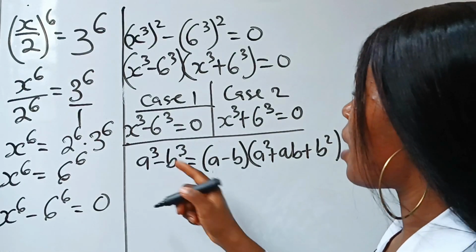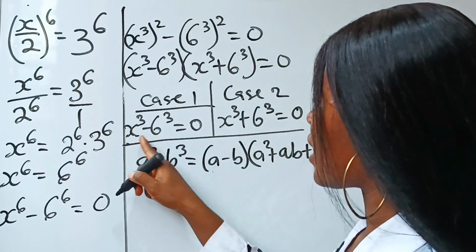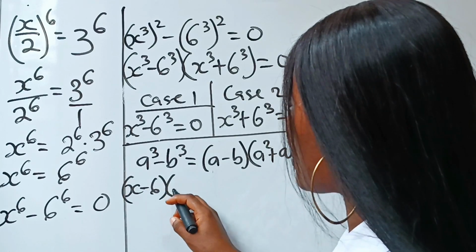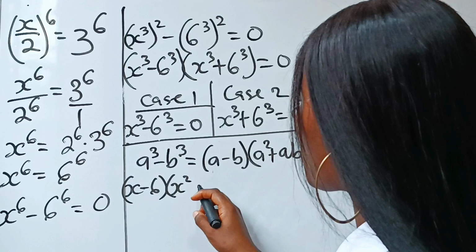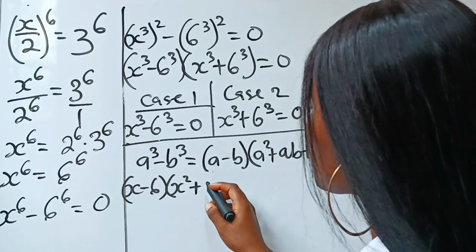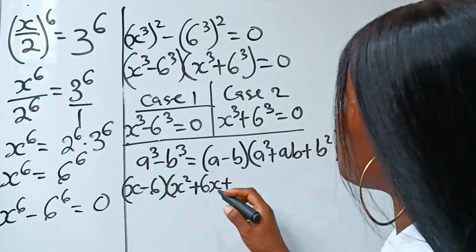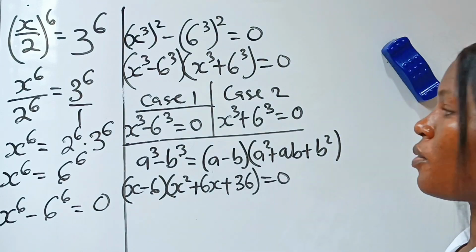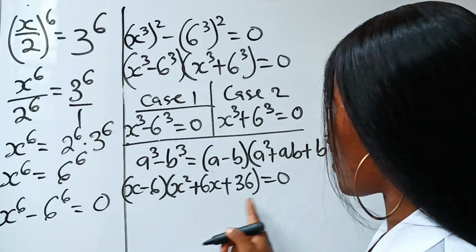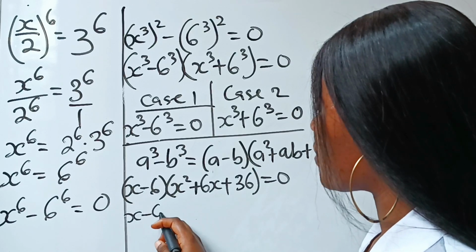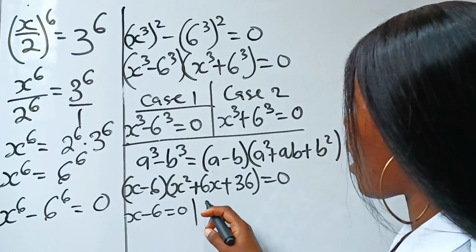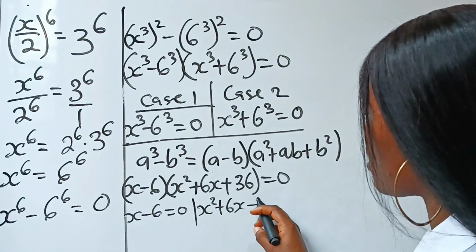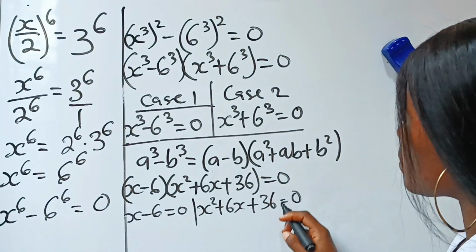All right, so that means we can rewrite this as x minus 6 multiplied by a squared, that is x squared, plus ab, that is 6 times x, which is 6x, plus b squared, that is 6 squared, which is 36, is equal to 0. Okay, so we can now write that from here x minus 6 is equal to 0, and this x squared plus 6x plus 36 is also equal to 0.